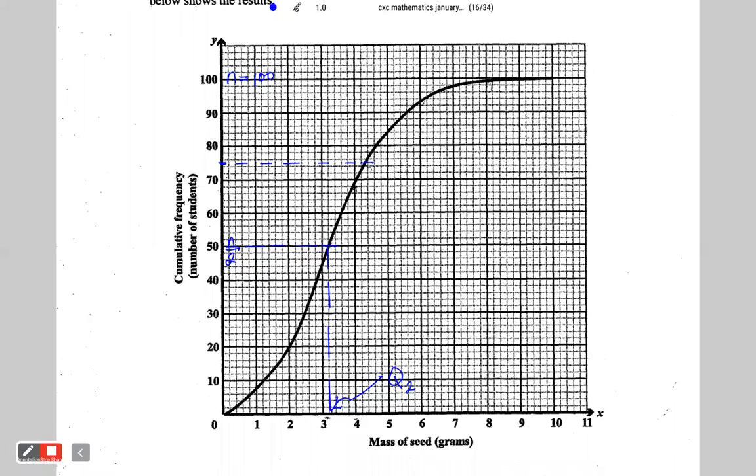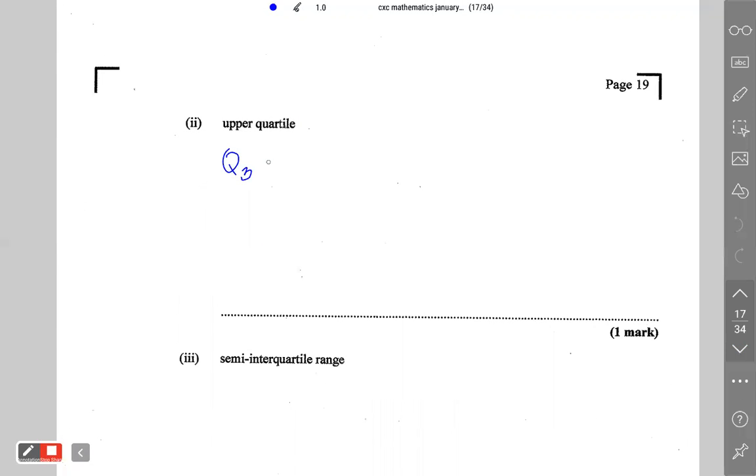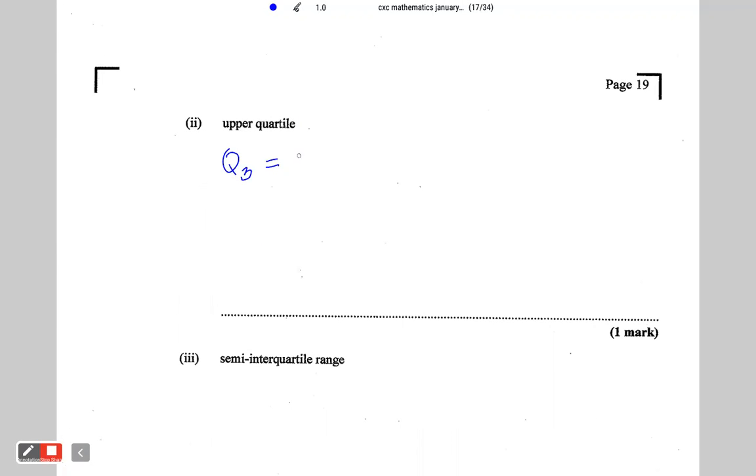This would be much easier to do on actual paper; on the tablet, it's not so easy. The value here is Q3, the upper quartile range, and from looking at it, it is 4.3 grams. So Q3 is equal to 4.3 grams.